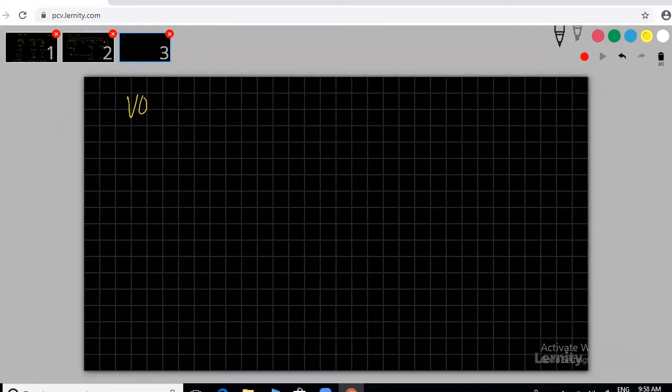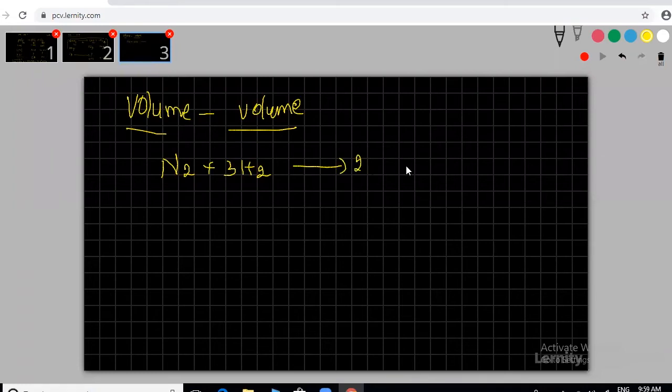Volume relation. I think you already got some idea. Now they will give volume and ask volume only. Assume all these measurements occur at STP conditions.